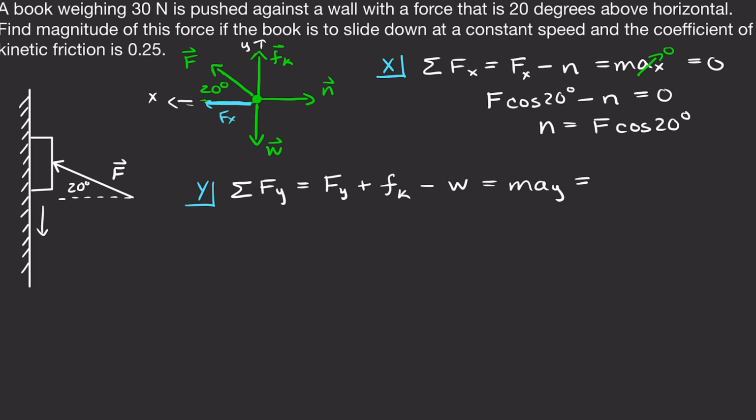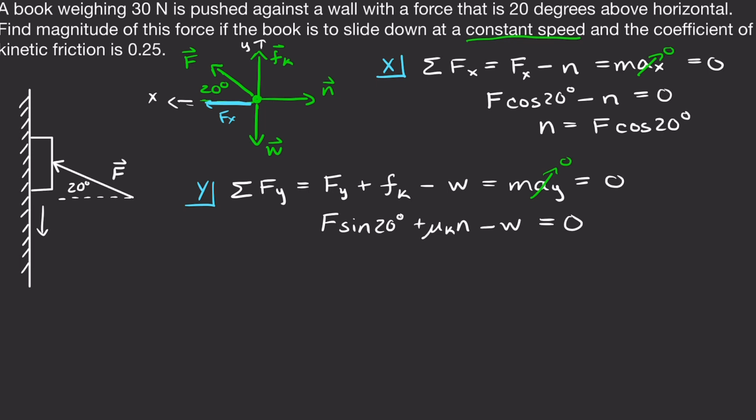But since it is sliding down at a constant speed, that means it is not accelerating, so this is 0. If I substitute for Fy, this is F times sine of 20 degrees plus mu k times my normal force minus the weight, and that all equals 0.